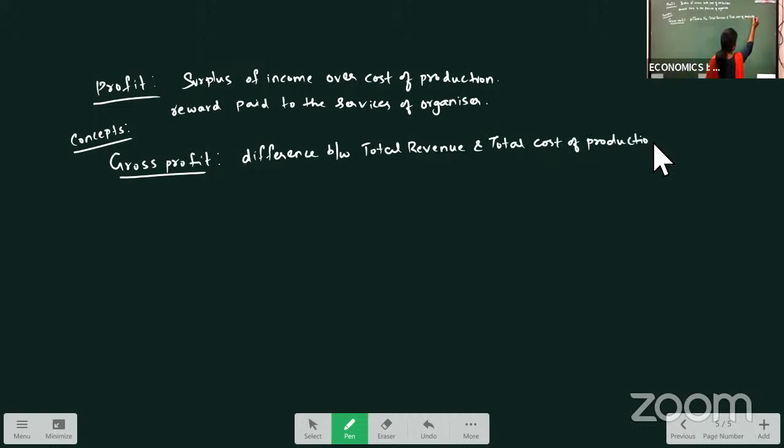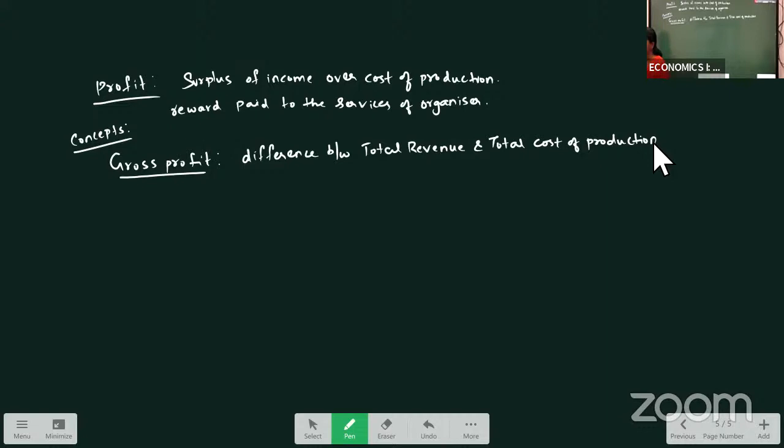Means what is received by the organizer, what is his total cost of production, what is the total income he is receiving. Okay, that difference is called gross profit.